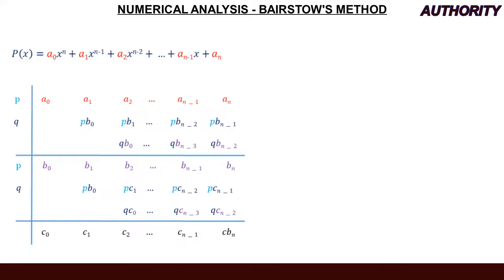And then the last one also. If you look at it very well, you see that bn is the sum of an plus p bn minus 1 plus q bn minus 2, and bn minus 1 is the sum of an minus 1 plus p bn minus 2 and q bn minus 3. Are we together? Good. Now look at this.